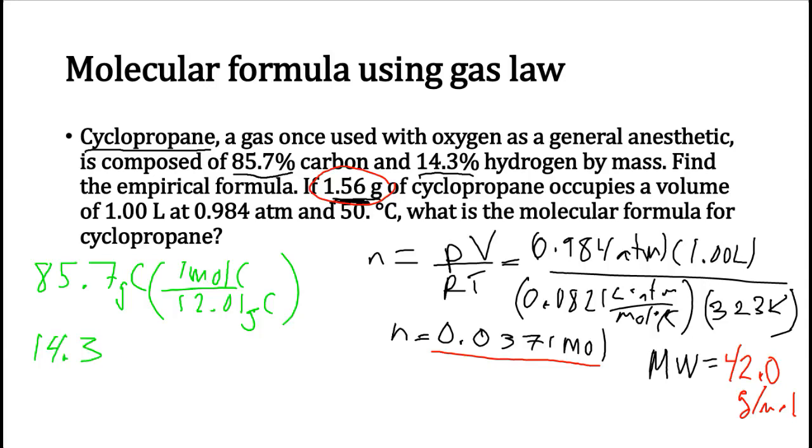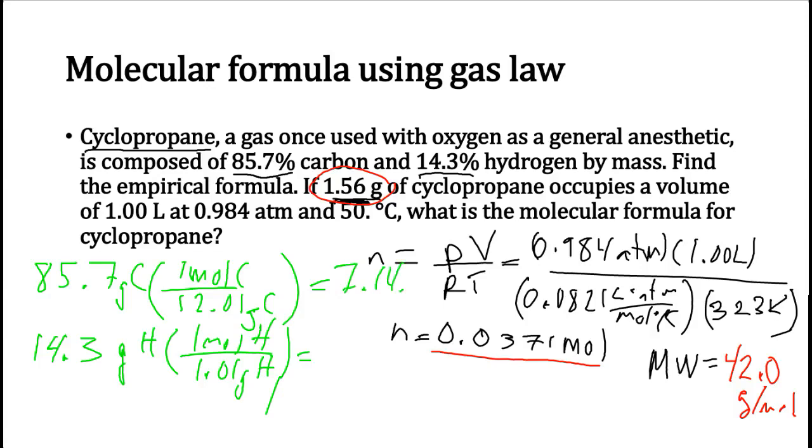Assume you have 100 grams, so 14.3 grams of hydrogen. Divide by the molecular weight of hydrogen. And then what we end up getting is 7.14 moles of carbon, 14.03 moles of hydrogen. And we can see right here that this is about a 1 to 2 mole ratio.